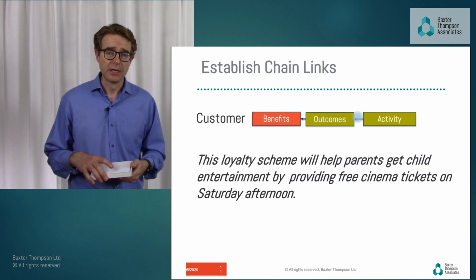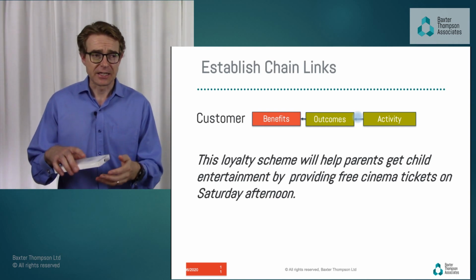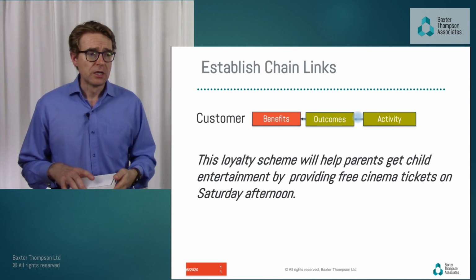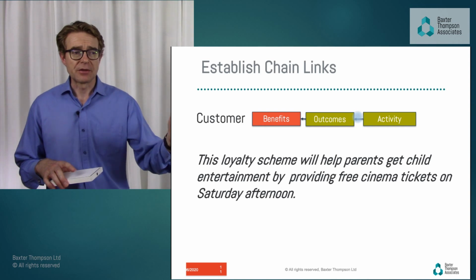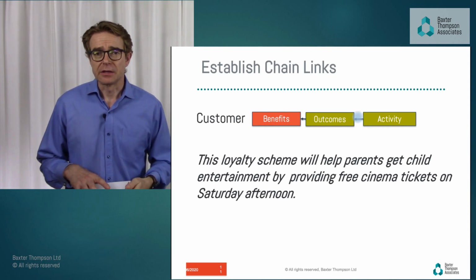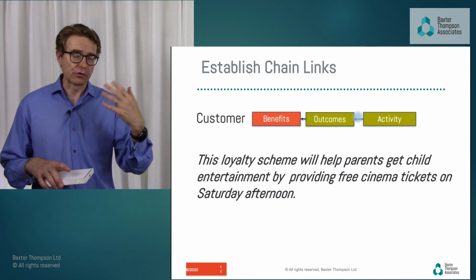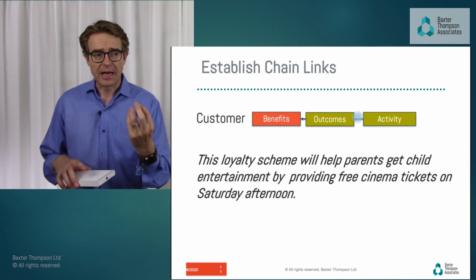So let's move on to the second bit now, which is talking about chain links. Now, as I've alluded to before, a value proposition needs the benefits, the how, the what, and the who, and so on and so forth. So we've got the benefits, outcomes and activities are the how.